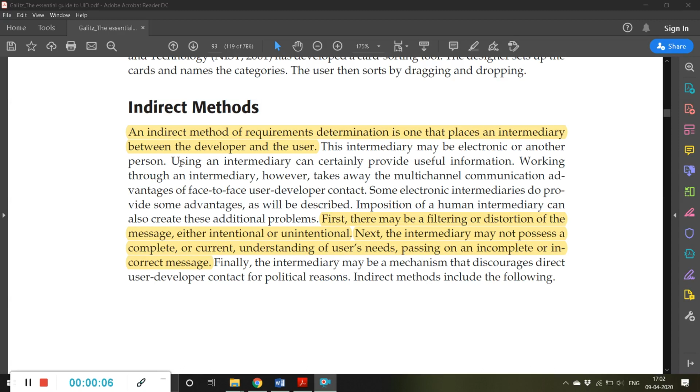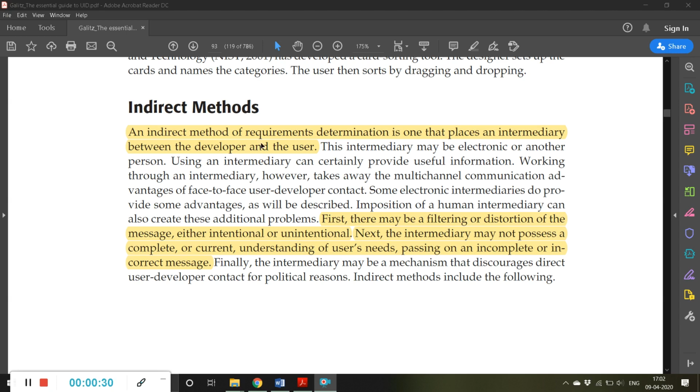So basically we are discussing the requirement determination methods. Yesterday we discussed the direct methods, where there is direct communication between the user and the developer. In indirect methods there is no direct communication.